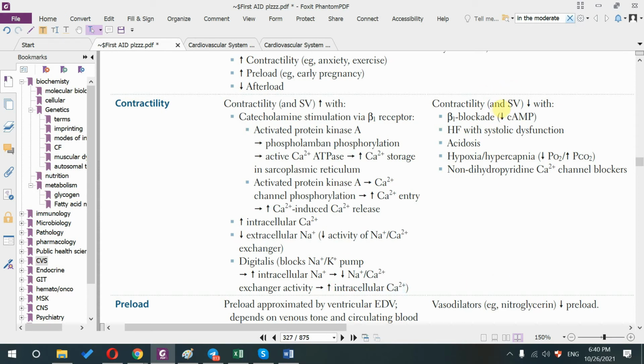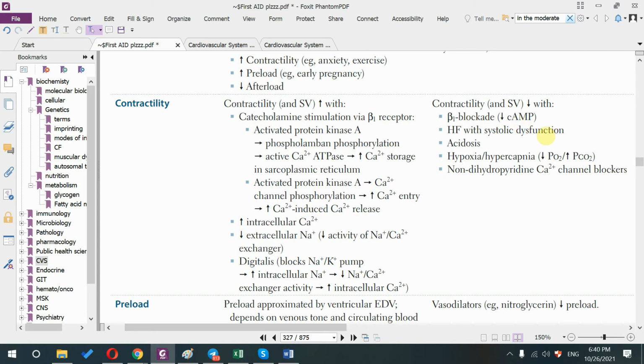Good. So contractility and the stroke volume decrease with the following. Remember all of that cascade? Now we'll take stuff that blocks it. So the first one, beta-1 activation led to increased contractility, so a beta-1 blocker will lead to decreased contractility. Why? Because of decreased cyclic AMP. Why?